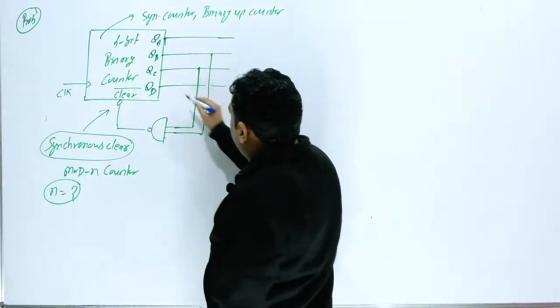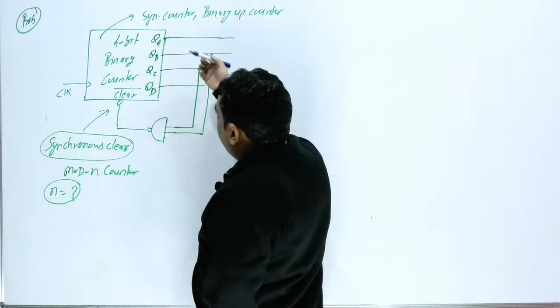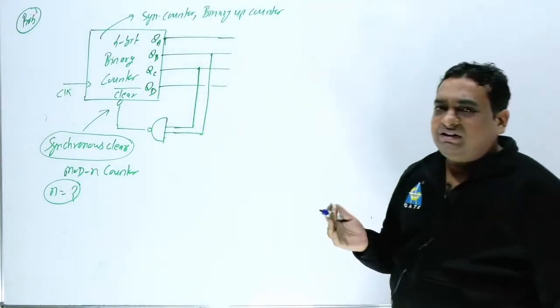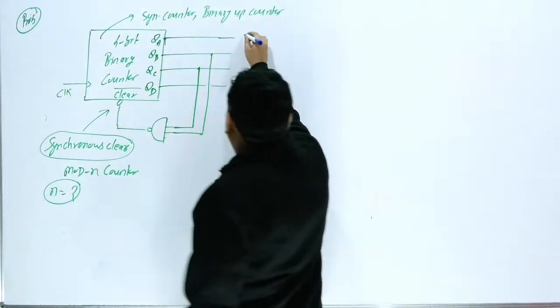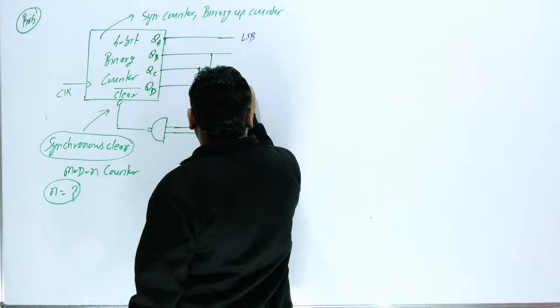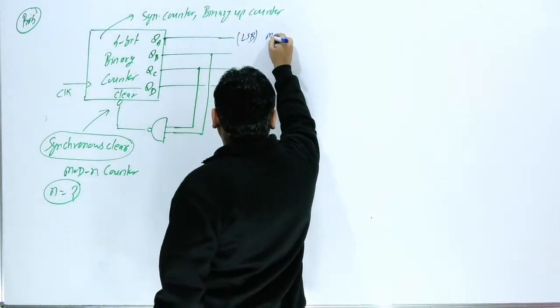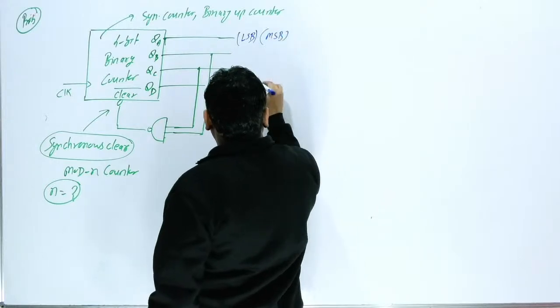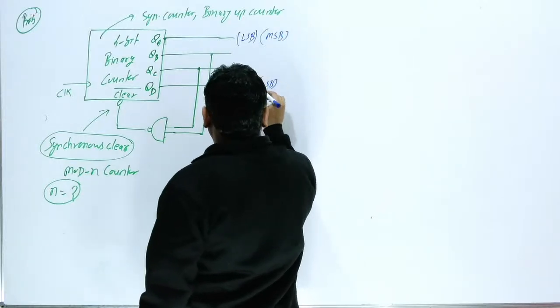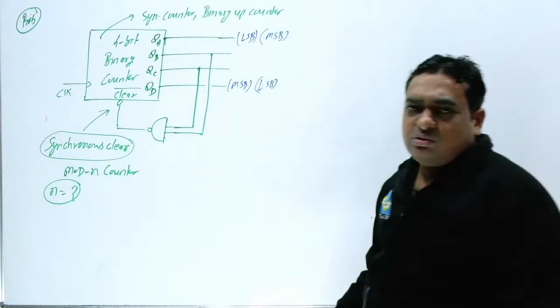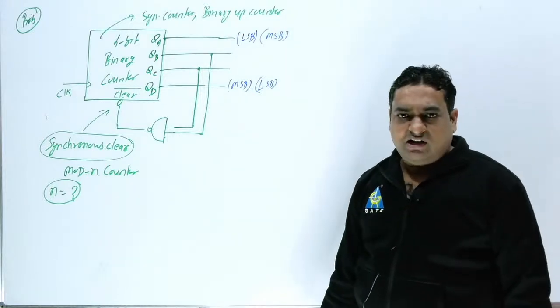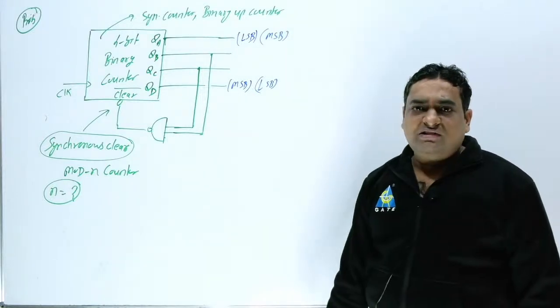Because this is connected with QC and QB, anyone can be MSB, anyone can be LSB. That's why the examiner has not specified which one is MSB and which is LSB.